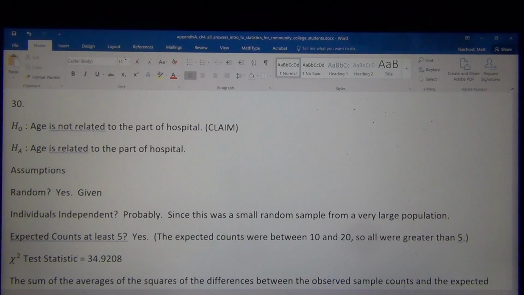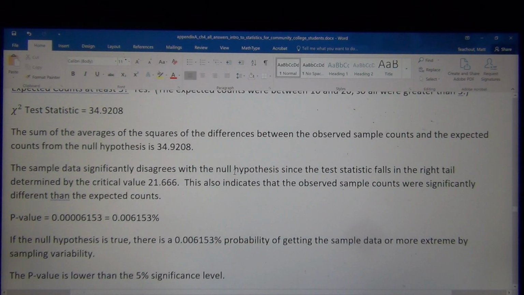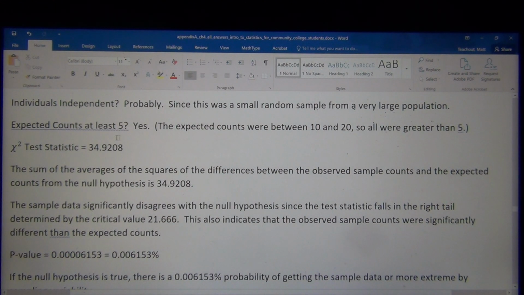Again, our chi-squared test statistic was 34.9, so the sum of the squared differences between the observed sample counts and the expected counts, scaled by the expected counts, is 34.9. Does it fall in the tail? Well, the critical value was 21.6. Remember, the categorical association test is a right-tailed test, so the right tail starts at 21.6, and we're at 34, so we're definitely bigger than 21.6.